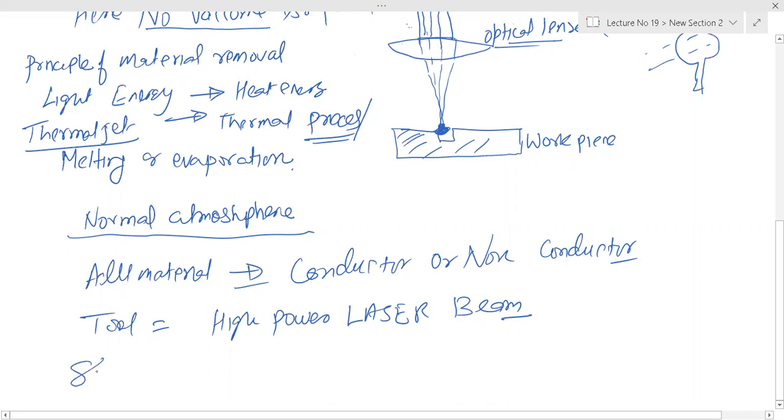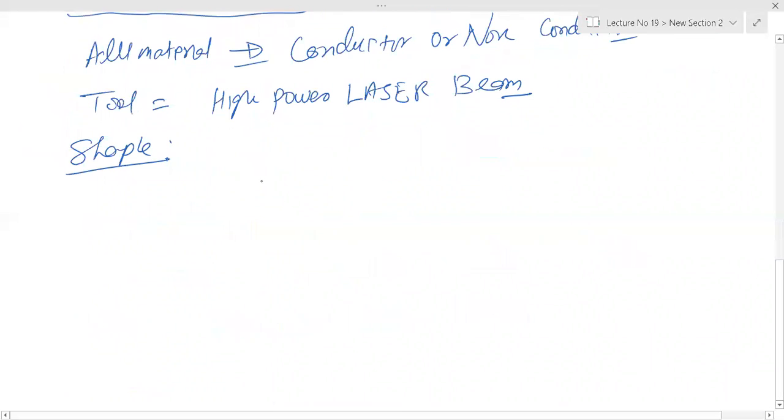Then the shape application, or what this process will be used for. Generally, it is used for drilling a fine hole, and cutting, because the beam is very narrow.